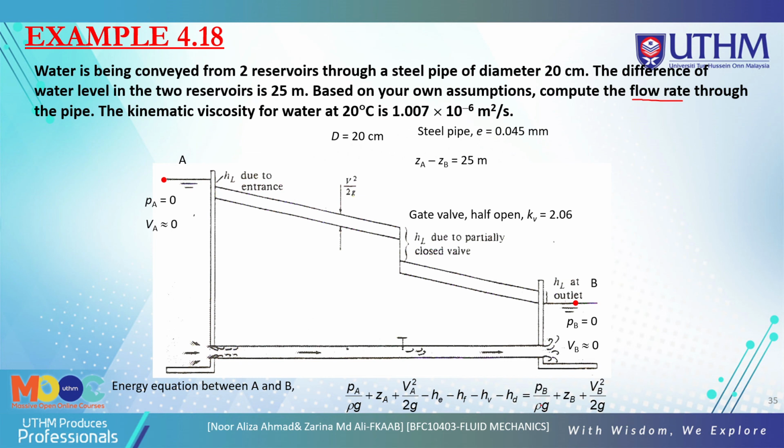From the right here, you just put it on the left side, so all are negative: negative of H_E, the head loss for the entrance; H_F is the friction loss along the pipe here; H_V is for the valve here; and H_D is for the discharge here. So you just put the value.